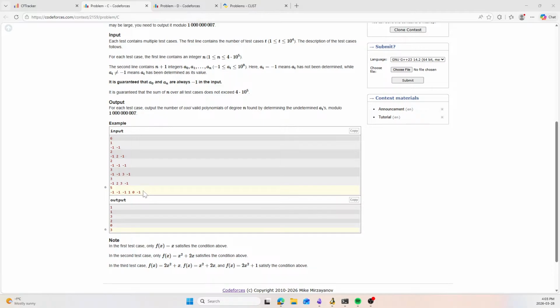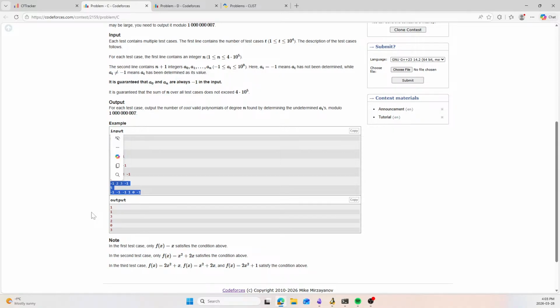How is this 3? What the hell? I cannot find a third. Like, by math, this is impossible to get 3. Unless you do 0, 2x here.